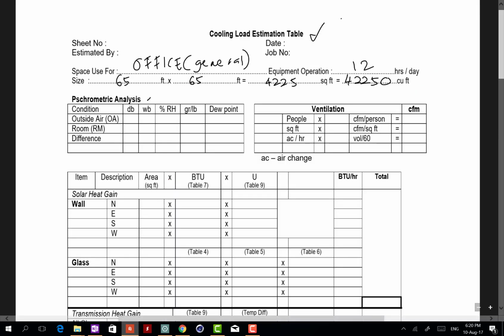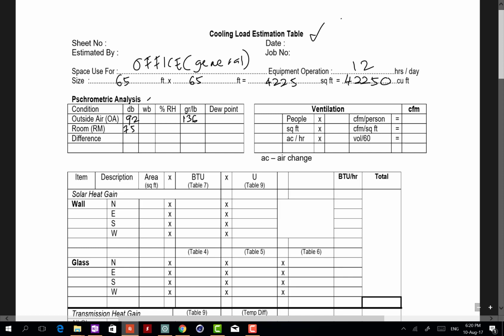So I write here 92 Fahrenheit, that is your temperature. And then the room temperature is 75 Fahrenheit, and the specific humidity outside is 136 grain per pound.